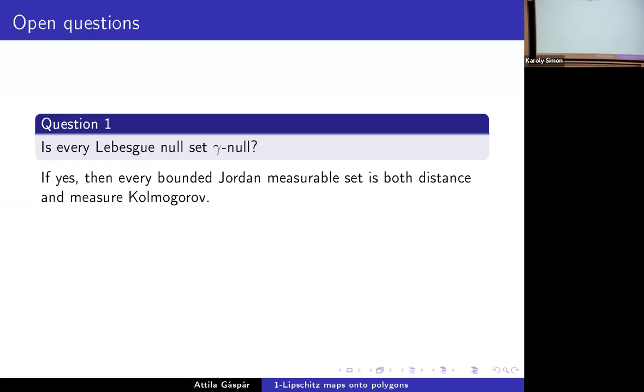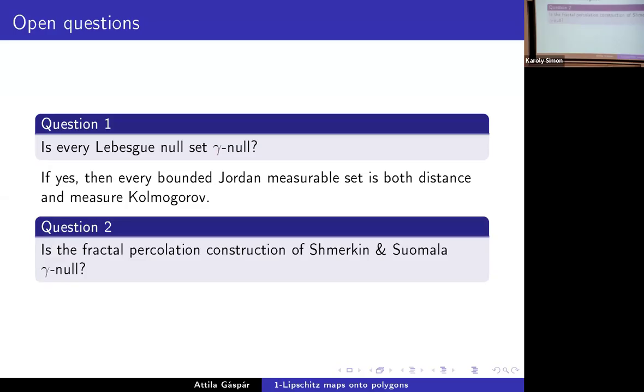My second question is whether the fractal percolation construction of Schmerkin and Sommer is gamma null. This is a construction of a set which is Lebesgue null, but not tube null. And also, the main point of the construction is to find a set which can have any Hausdorff dimension between d minus 1 and d.